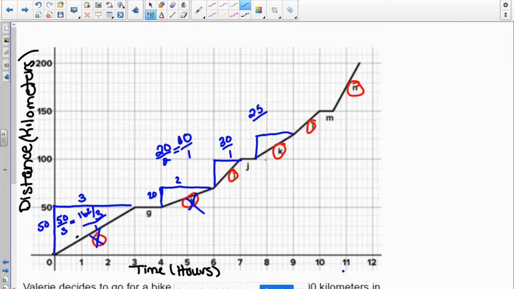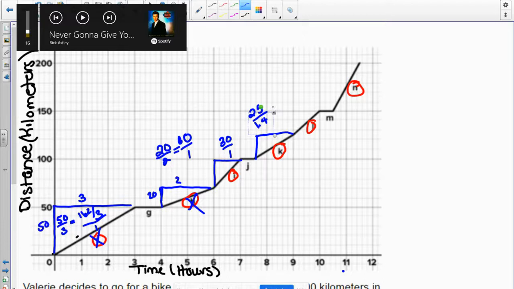So 2, 4, 6, 8, 10, so 1.4. So if you take 25 divided by 1.4, that's about 17.8.